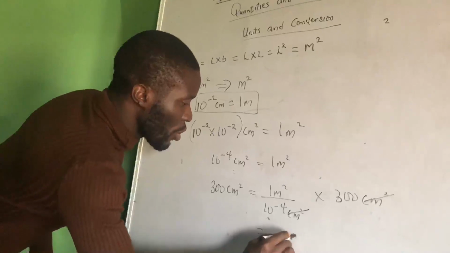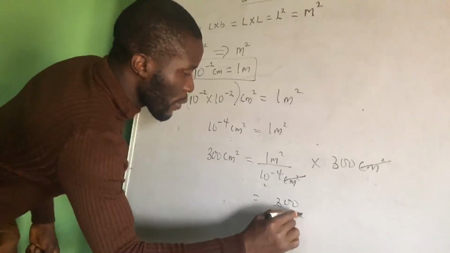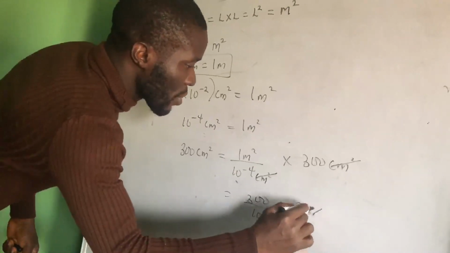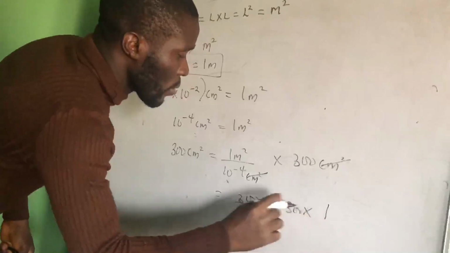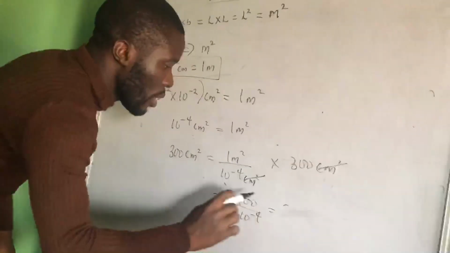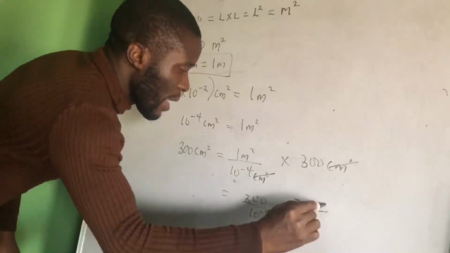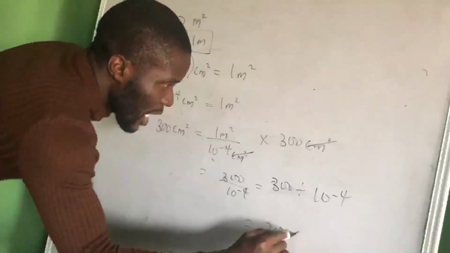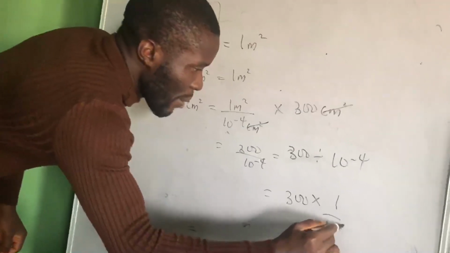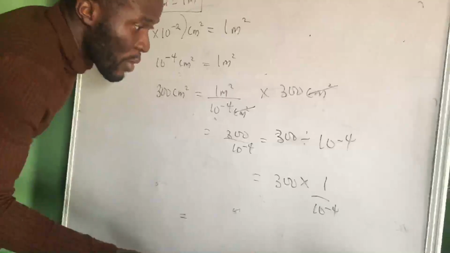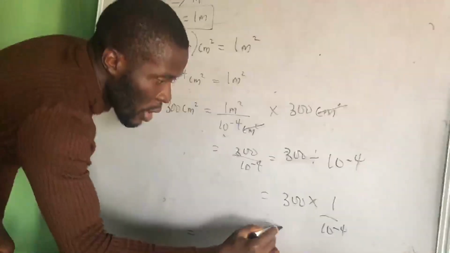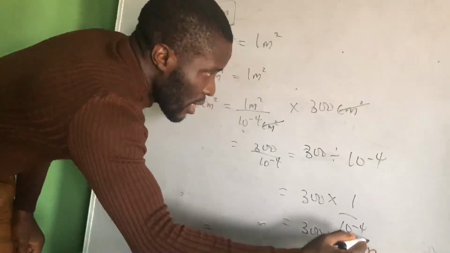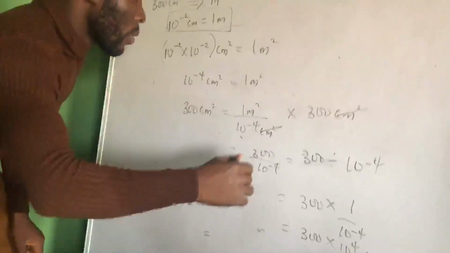So this is 300 divided by 10 raised to the power minus 4, which is 300 times 1 over 10 raised to the power minus 4. And 1 over 10 raised to the power minus 4 is the same thing as 10 raised to the power 4. So that would be 300 times 10 raised to the power 4 meter square.